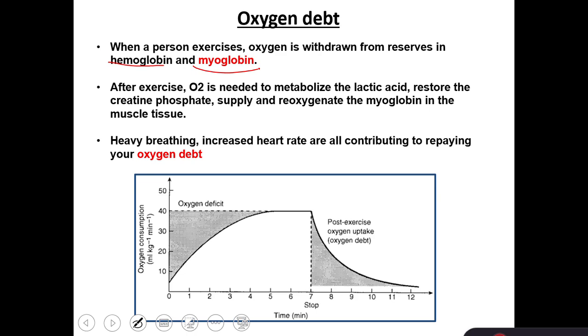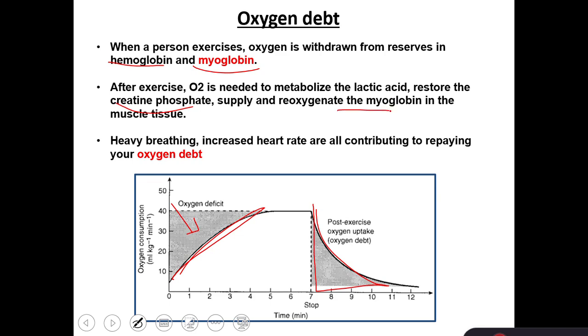But after your exercise, you really need to restore this oxygen back because you have to pay your debt. So here you are using oxygen and you have a debt that you need to pay back. This oxygen is required to metabolize the lactic acid, to restore the creatine phosphate, and to reoxygenate the myoglobin molecules.